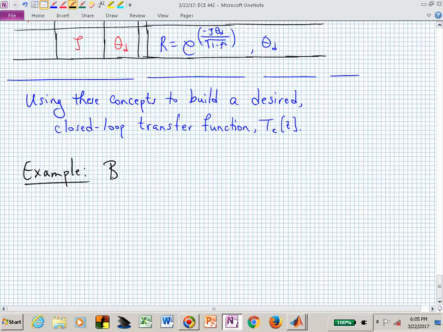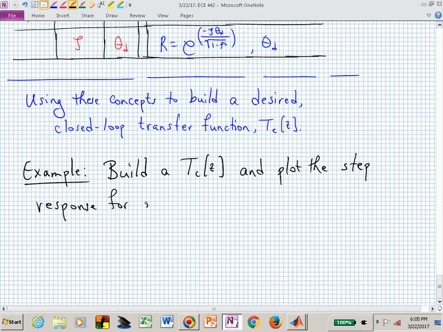Suppose we want to build a desired closed-loop transfer function, let's say capital T sub c of z, and plot the step response, for a system that has the following properties.